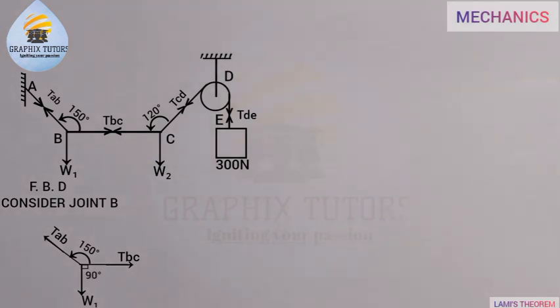Now if you look closely, in between TAB and W1 there's an angle, but we don't know what that angle is, so we need to find the angle in between TAB and W1. Now what you do is, I will draw the diagram here again.